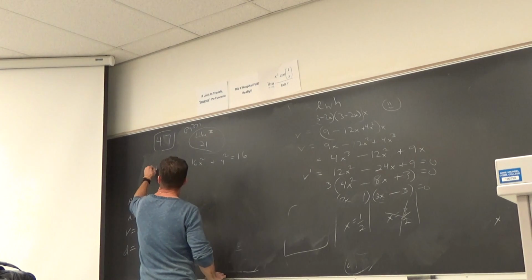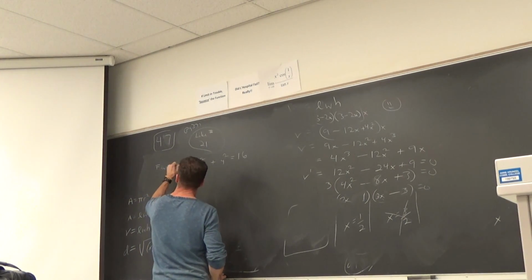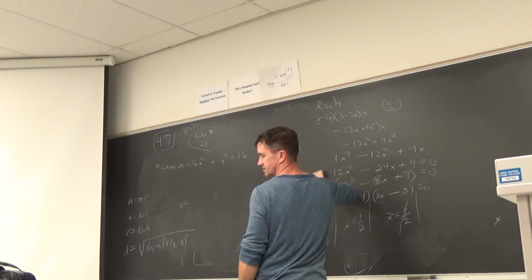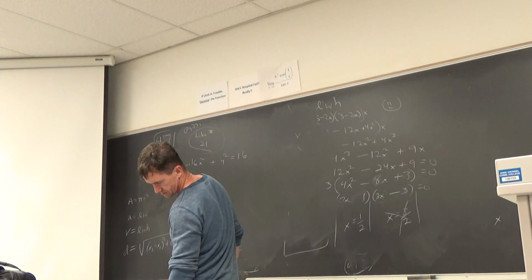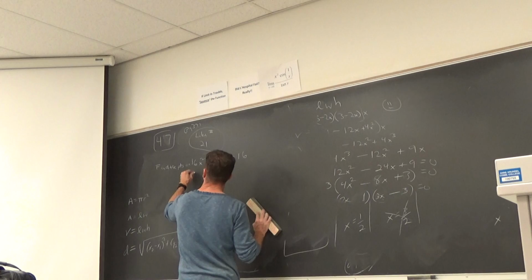All right, and you've got to find the points on 16x squared plus y squared equals 16 that are furthest away from the point 1, 0.